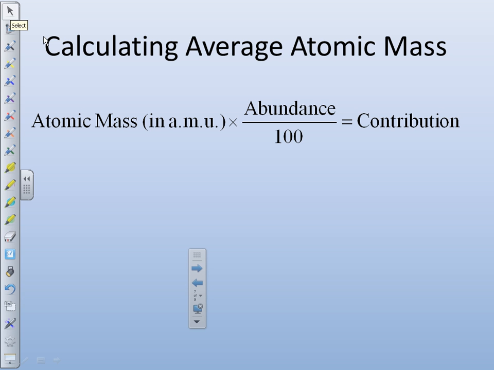So we take the atomic mass of that isotope, and then we multiply it by a fraction, where abundance is on the top and 100 is on the bottom. All we're doing here is taking our percentages and turning them into fractions. That gives us how much this isotope specifically contributes to the overall average.